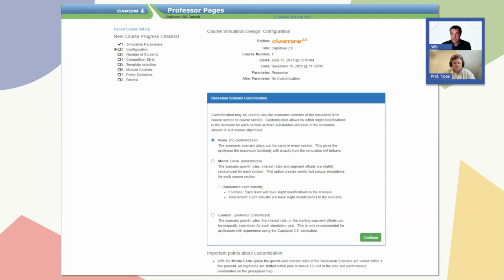Okay. Now, this last option is where things get very interesting, customization. We can customize a number of things, and some professors have reached out to me to model specific economic conditions or scenarios. For example, one of the professors that I work with wanted me to model the economic situation during COVID.